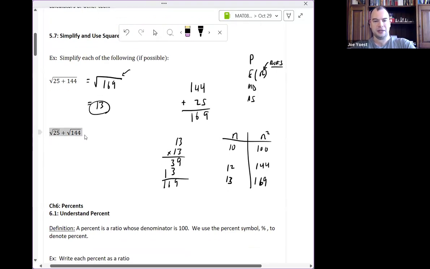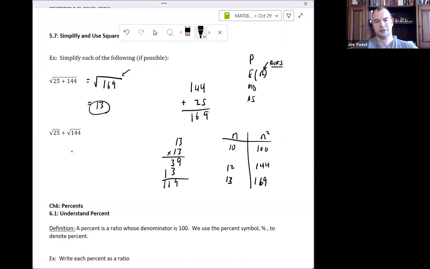If we compare that to, say, square root of 25 plus square root of 144, well, I know that 5 squared gives me 25, so square root of 25 is 5. And I know that 12 squared, I saw over here, gives me 144. So square root of 144 is 12.